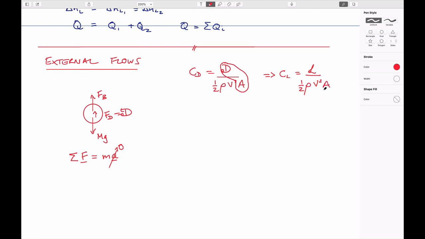So the area depends on what kind of system it is. So typically you'd be given what the cross-sectional area is. If it's an airfoil, it would be the top area of, say, the wing. If it's drag, it would be the planform area that's forcing its way through the fluid. So the characteristic area or characteristic dimension matters.